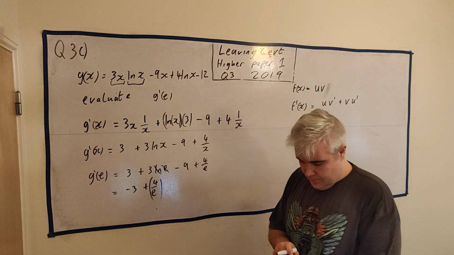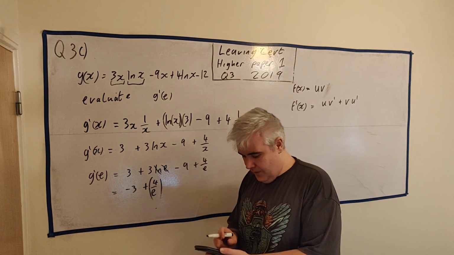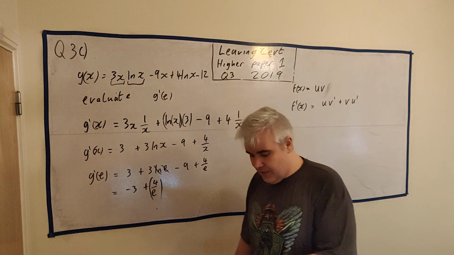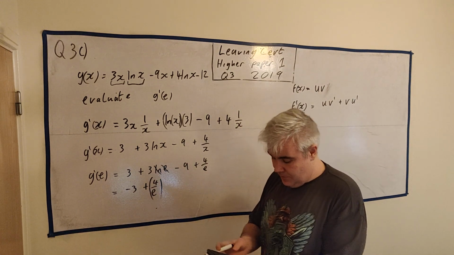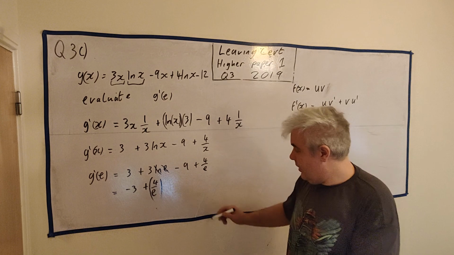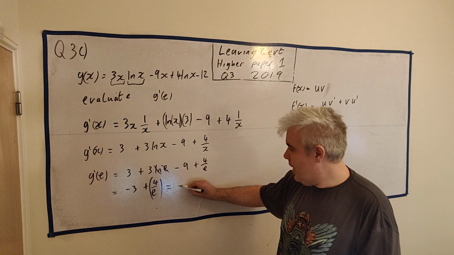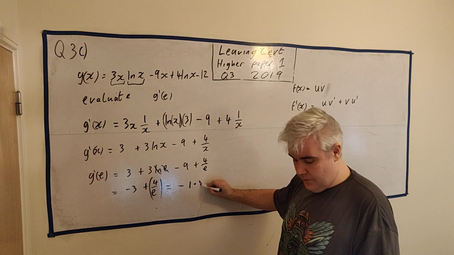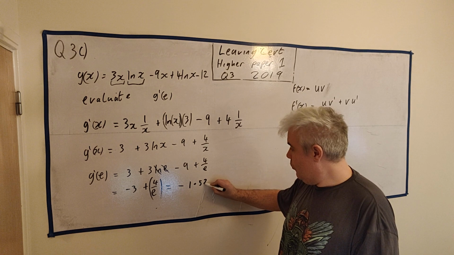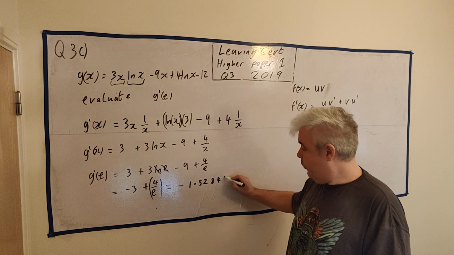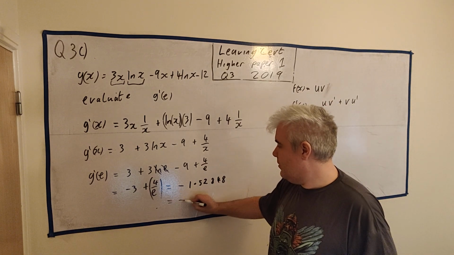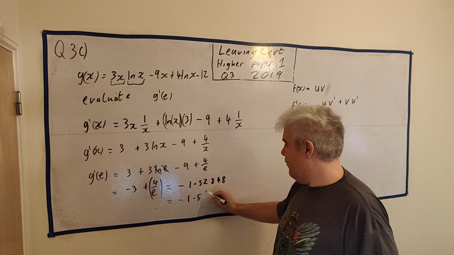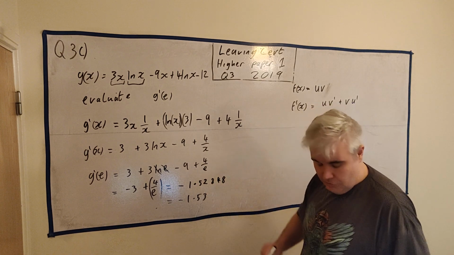Oh, I have to put e to the power of 1 on my calculator. I don't think everybody's calculator will have to do that. I think there's probably a button just for e on some people's. Either way, I have it here. The answer is minus 1.52848. It continues on, but they only wanted 2 decimal places, so minus 1.53. It's closer to 3 than 2.